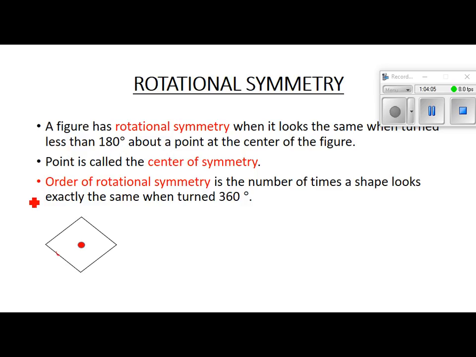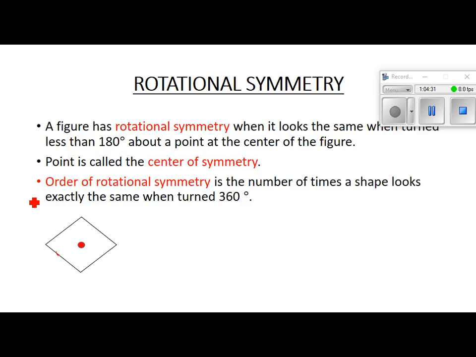That's 4. So the order of rotational symmetry for this shape is 4. That's all it is. Look at this shape here. How many times, if we spin it one whole turn, how many times would it look exactly the same? 4. So order of rotational symmetry is 4.